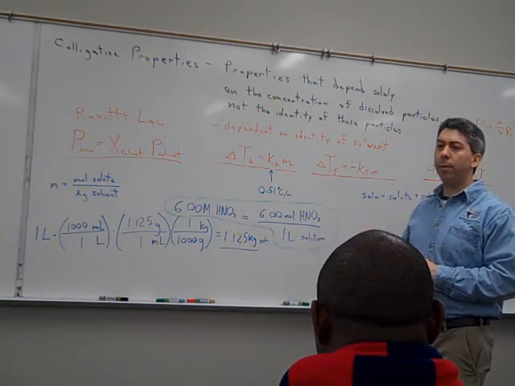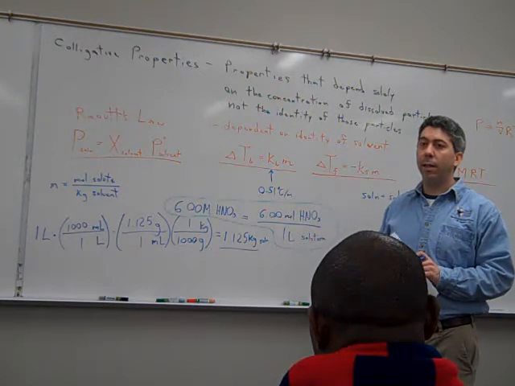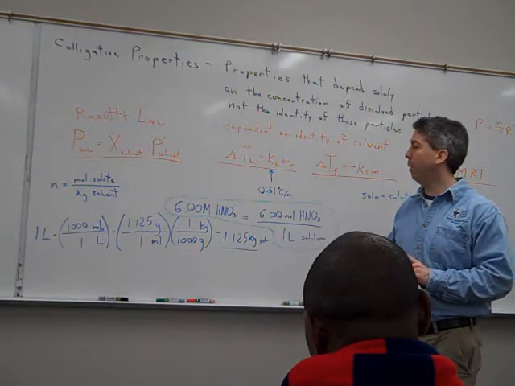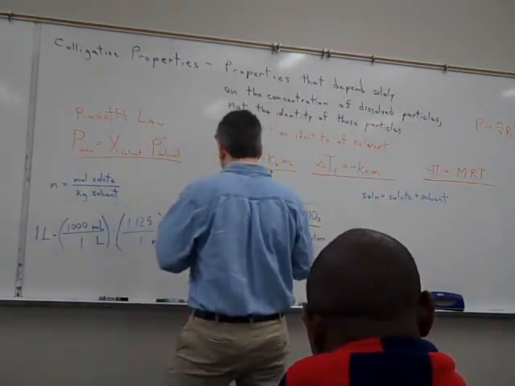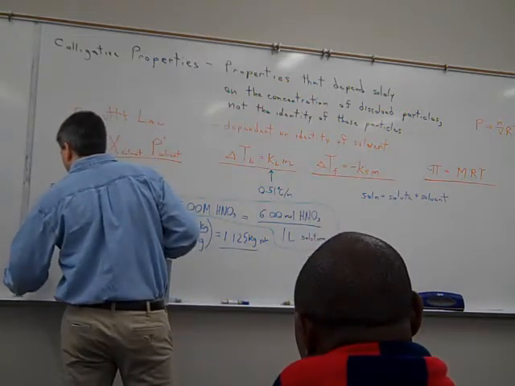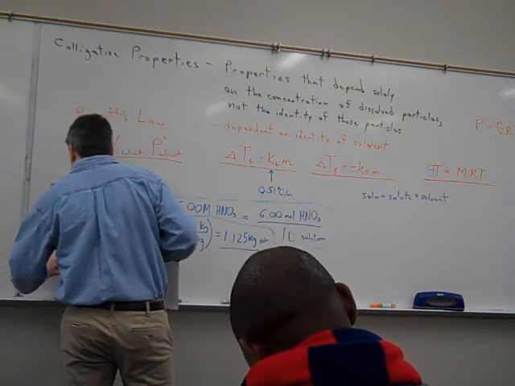Now what's my solute? HNO3, right? Yes. HNO3 is my solute. So I have to find the kilograms of HNO3. So I'm going to switch colors here, and I have to start with the amount of solute I know I have, which is 6.00 moles.